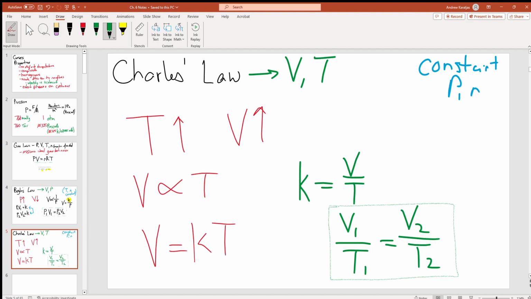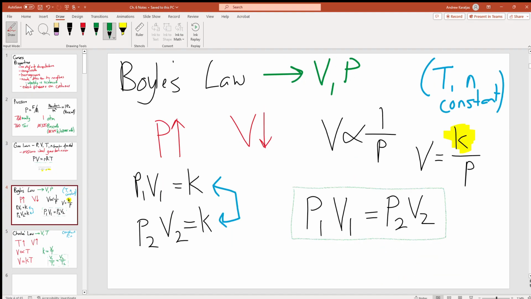Now we haven't talked about units yet, so let's go back to Boyle's law for a moment and talk about units. What units do we use in this equation? Because for some equations, we have to use a very specific set of units. For Boyle's law, that's not the case.